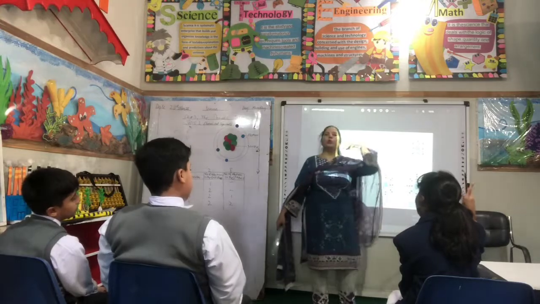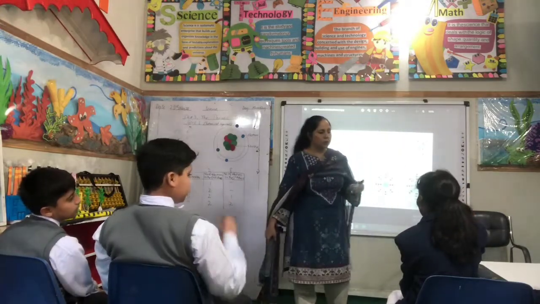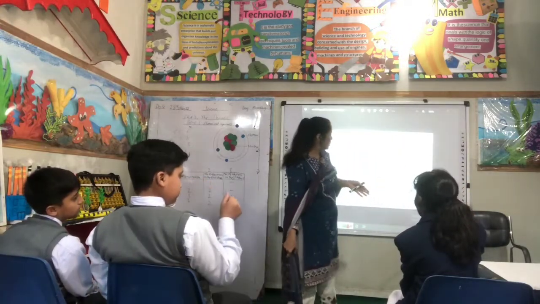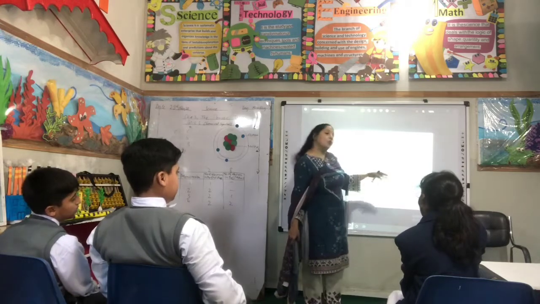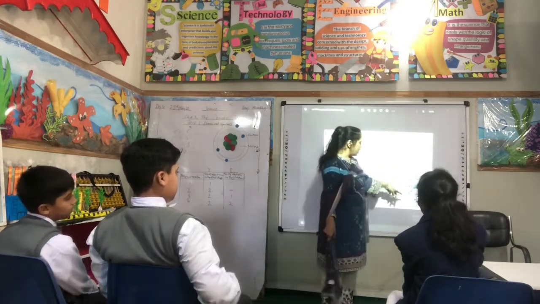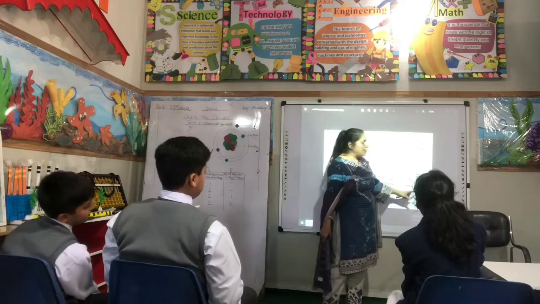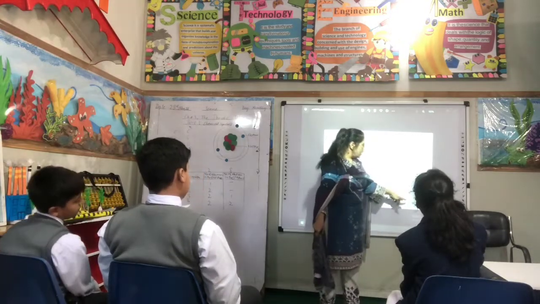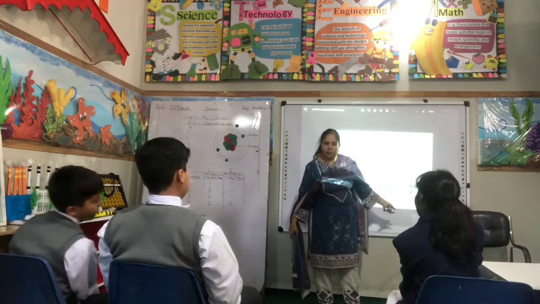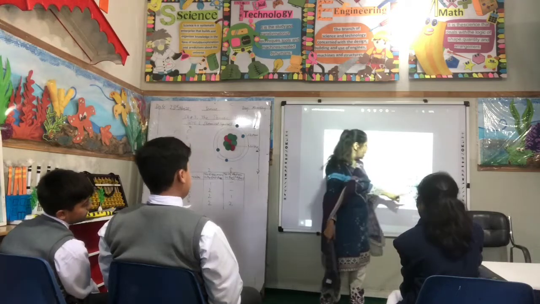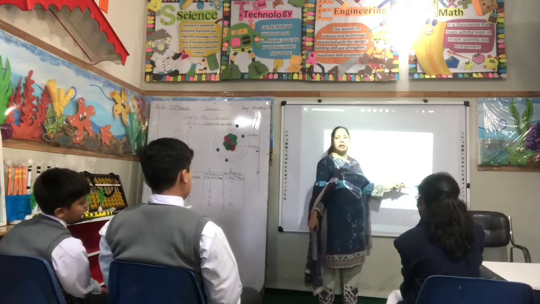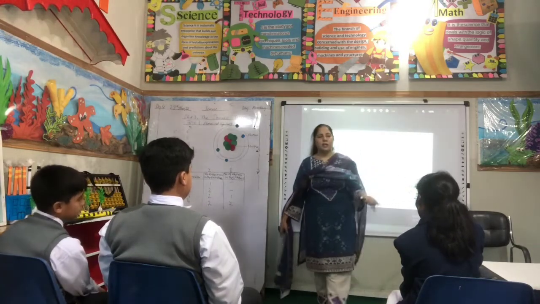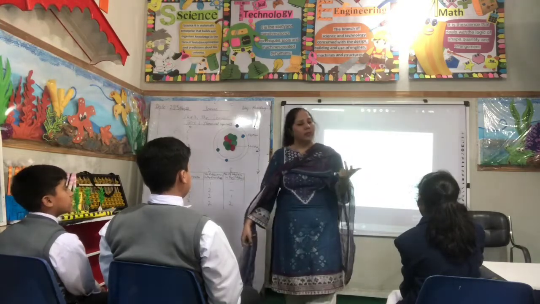Okay, now this is potassium. Potassium is a bigger atom. But it contains 4 shells. Potassium has atomic number 19, and atomic number 19 means the number of protons is 19 and the number of electrons is also 19.